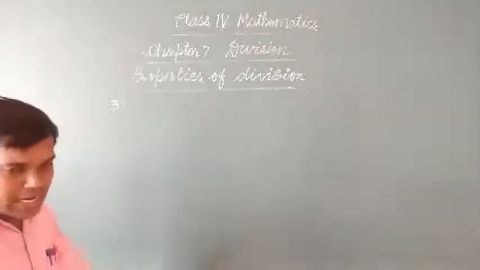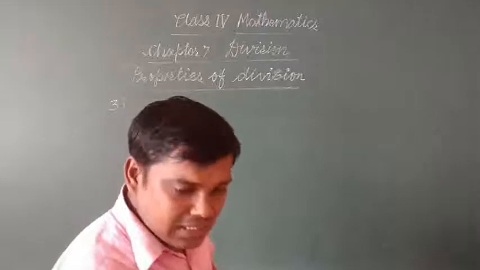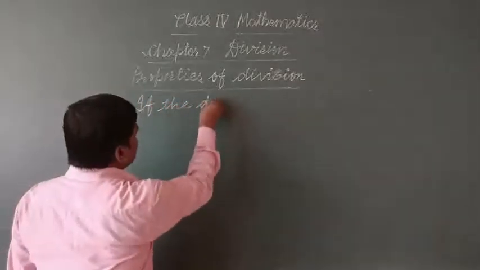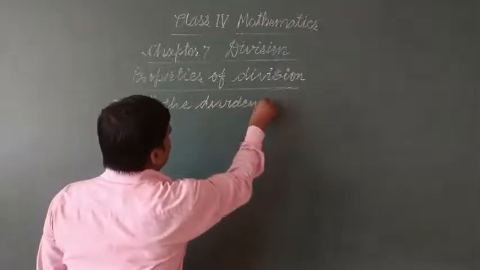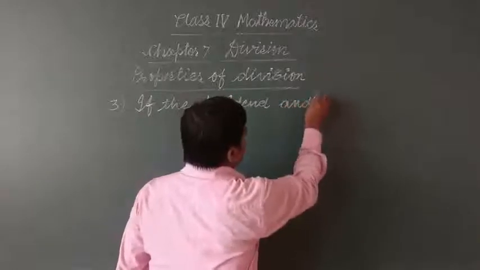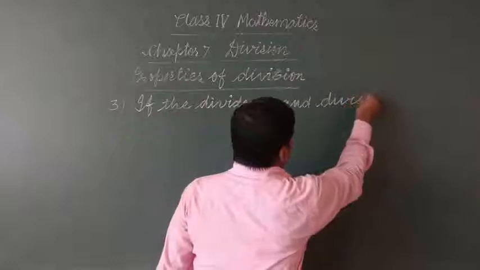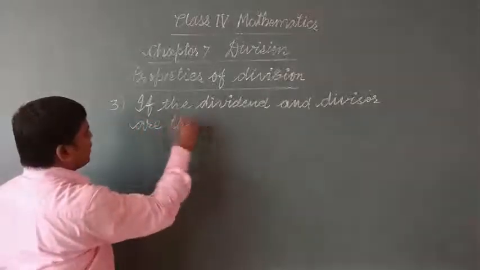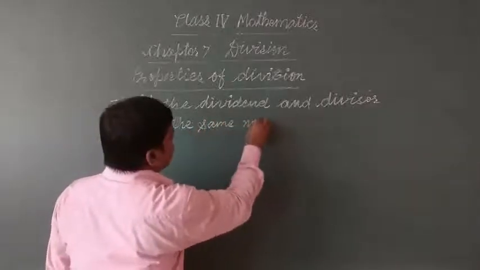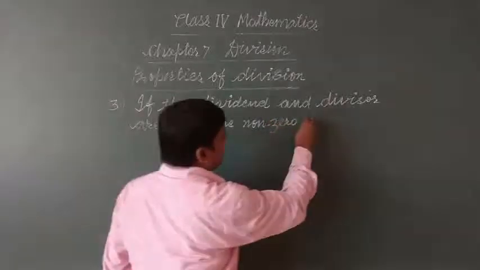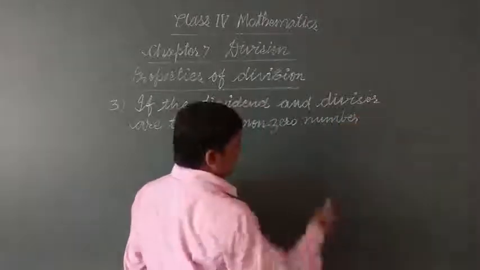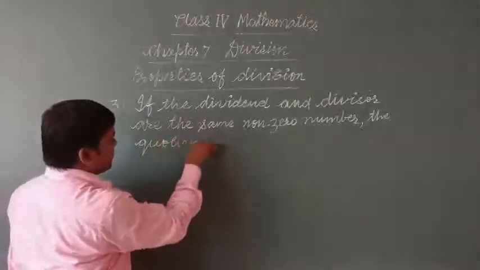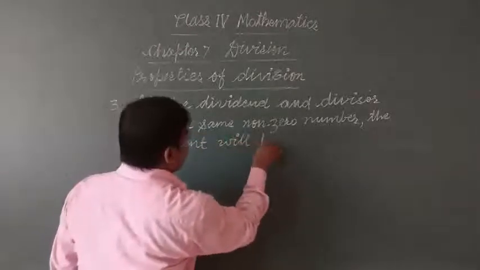I am writing here, if the dividend and the divisor are the same non-zero number, the quotient will be 1.